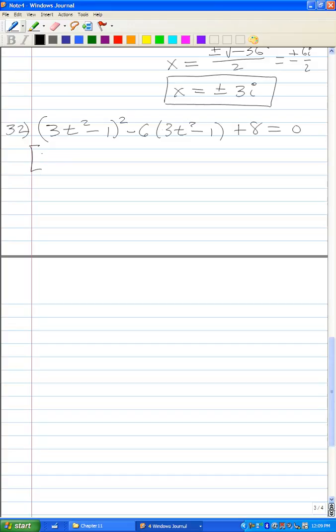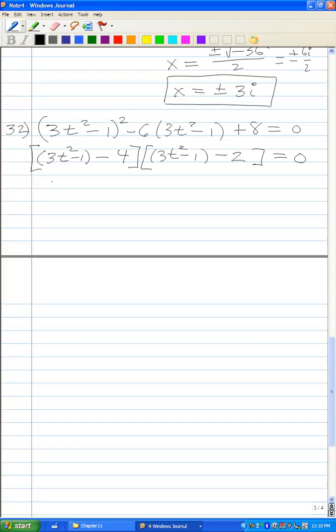And so I can factor this as (3t² − 1 ... ), bring down the minus, (3t² − 1 ... ). Minus times plus is minus. I want two whole numbers whose product is 8 and whose sum is 6. So 4 and 2.